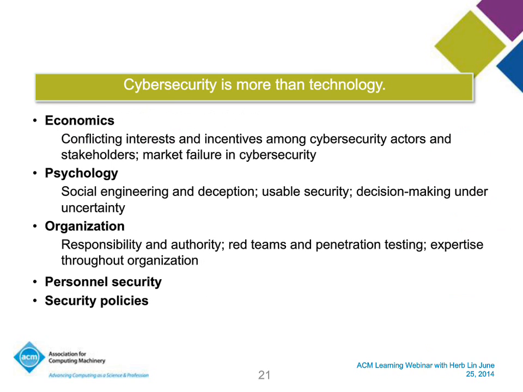And people in cyber decision-making positions operate under large degrees of uncertainty, and those are psychological processes. How a place is organized matters: responsibility, authority, red teams, and so on. All of those issues matter in how robust your cybersecurity posture is. So you have to worry about security policies, and about your personnel and how reliable they are.